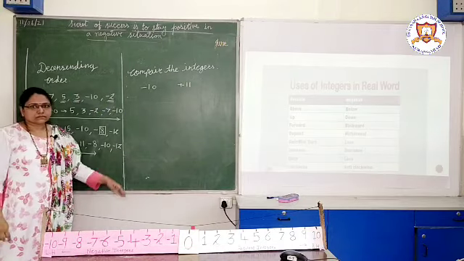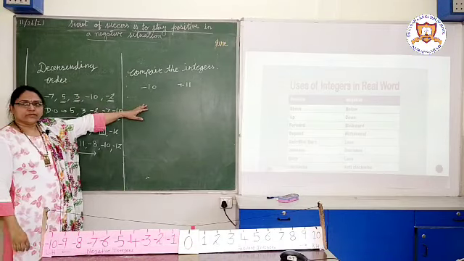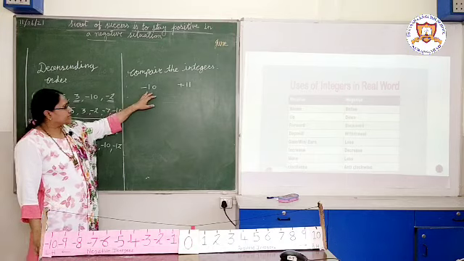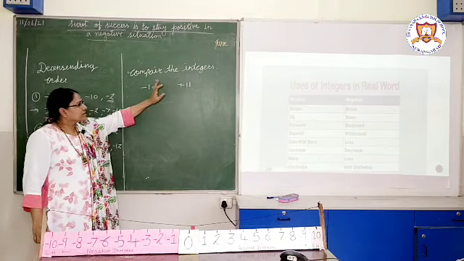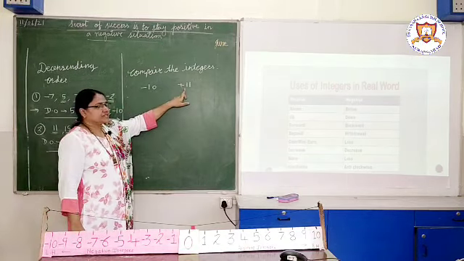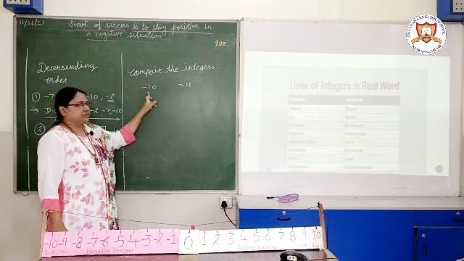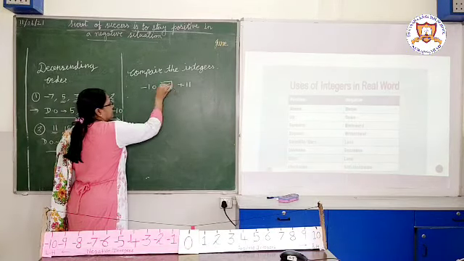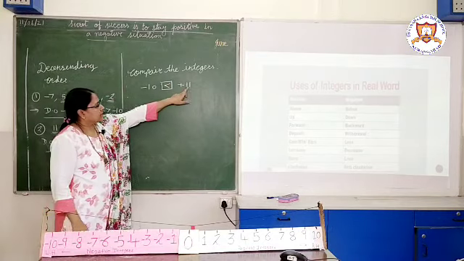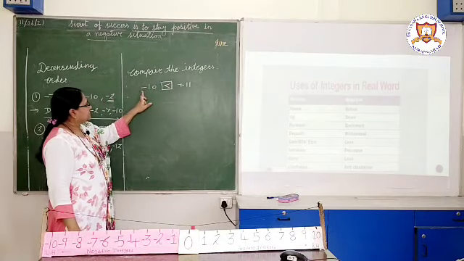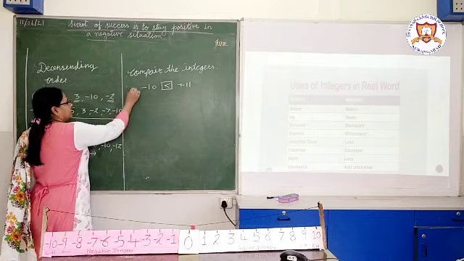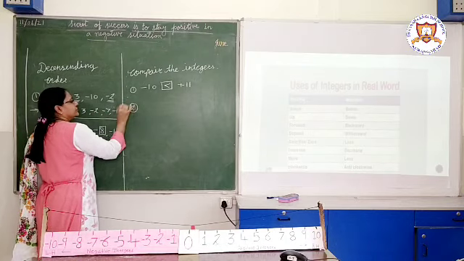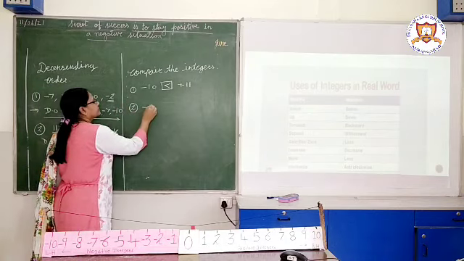Whenever we compare a positive and a negative integer, the positive integer is always greater than the negative integer. So here 11 is greater than -10.